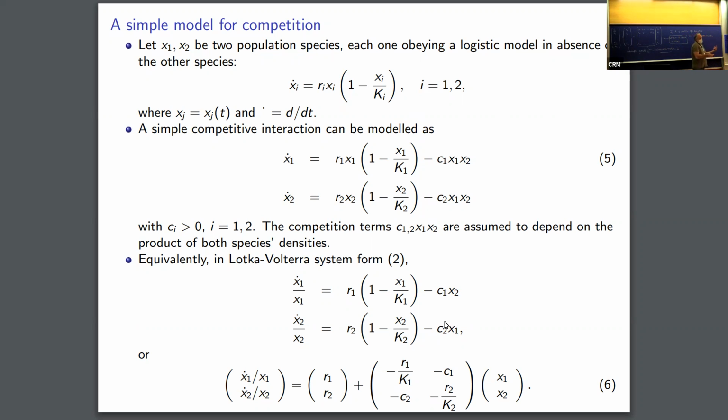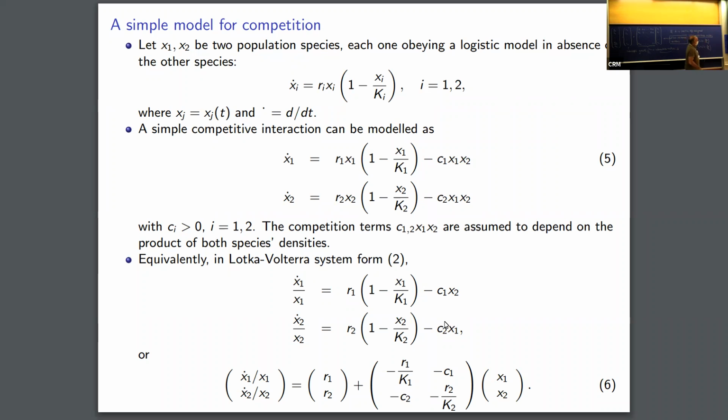It is based on what? You have two species. If there is no interaction, you can assume that they are just driven by a logistic model, and then they interact. And of course, the interaction must be negative. So you can write it in this form: 1 minus x1 over K1, the carrying capacity. This is the same for the second species, with a different carrying capacity.